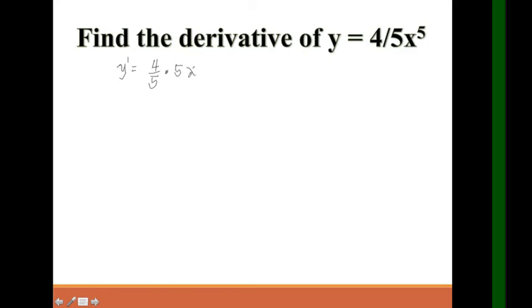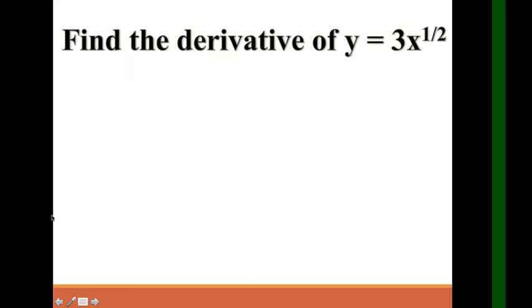So we have x raised to 5 minus 1. So we have, this is 20, right? So we have 20 over 5. X raised to 5 minus 1 is 4. And then 20 over 5 is 4. X raised to 4. Tama ba ako? What do you think? Correct, na? So that is 4x raised to 4.